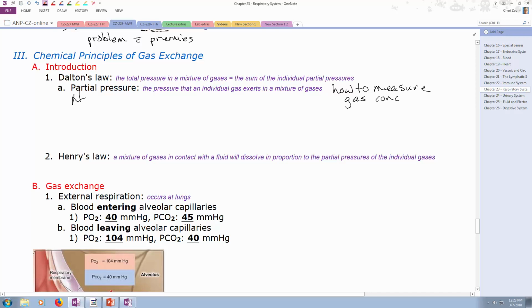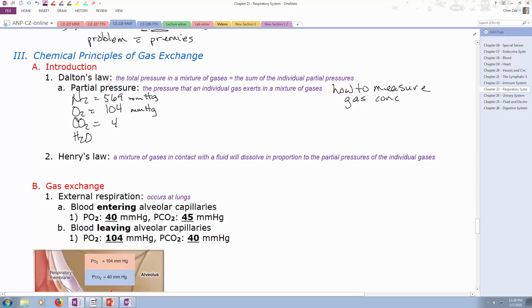Around us, this is what we have in our air. We have nitrogen gas surrounding us in the air that we are breathing in all the time, and it is 569 millimeters of mercury. Oxygen is 104 millimeters of mercury.